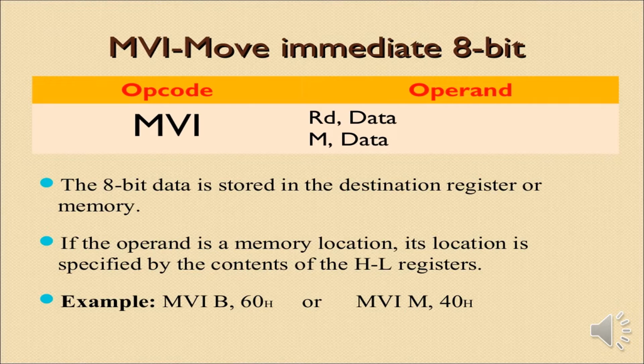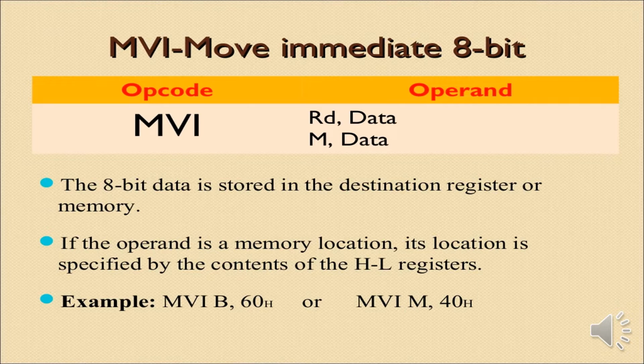If one of the operands is a memory location, the destination memory location is specified by the content of the HL register pair. The HL register pair is nothing but a memory pointer. It holds the 16-bit address of the memory.